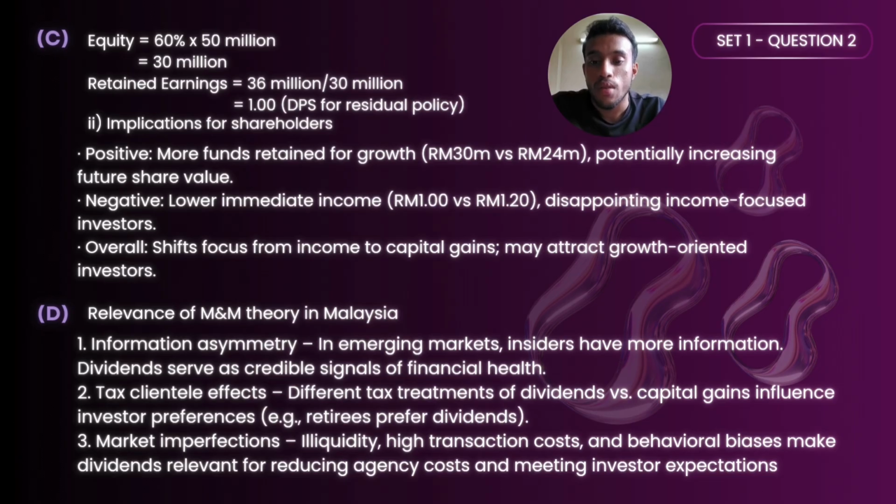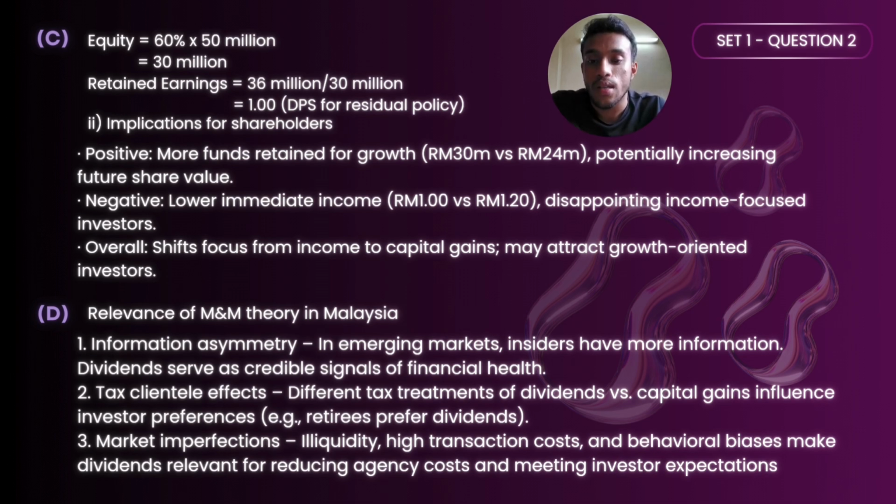If we go through the implications for shareholders, there are a few positive and negative implications. The first positive one is more funds retained for growth. Before it was 24, now 30 million, so potentially increasing future share value.